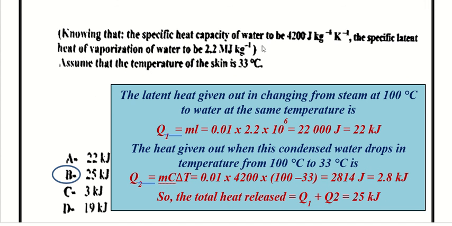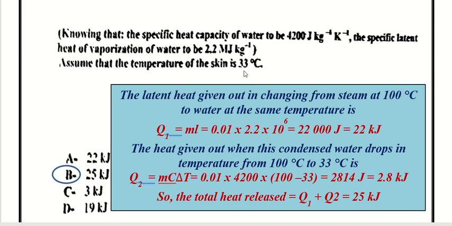And another quantity of heat is released when this condensed water drops in temperature from 100 degrees to 33 degrees Celsius, assuming that the temperature of the skin is 33 degrees Celsius.